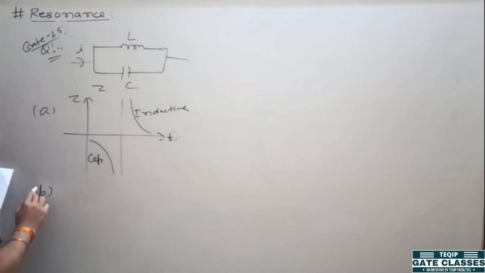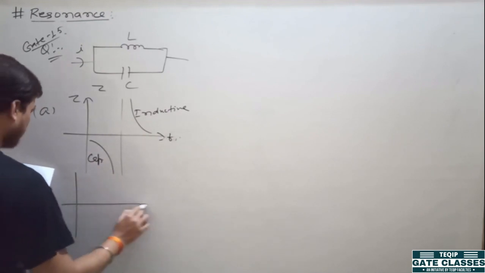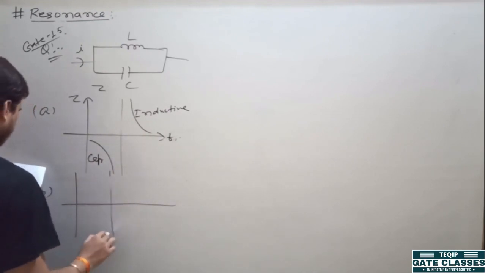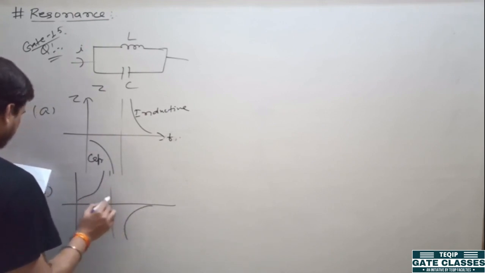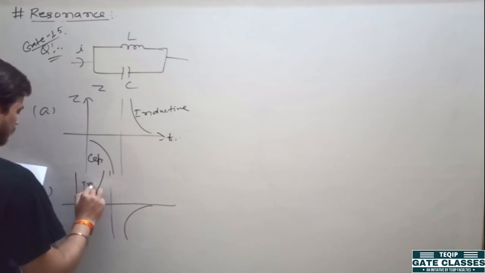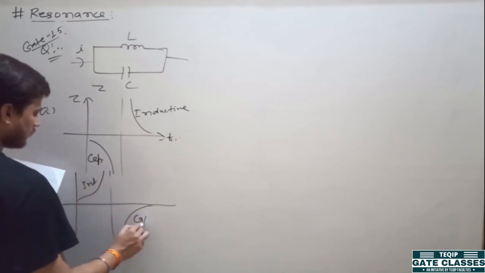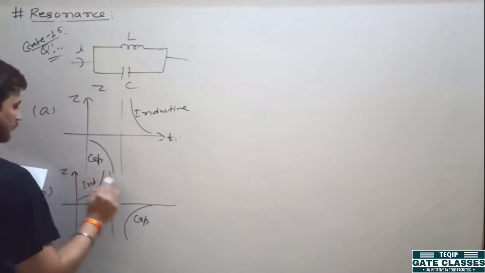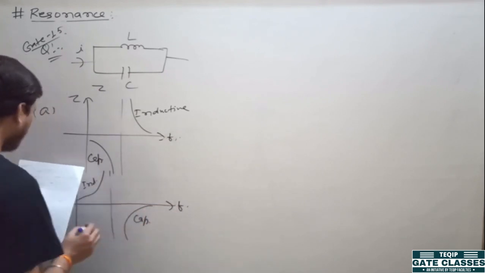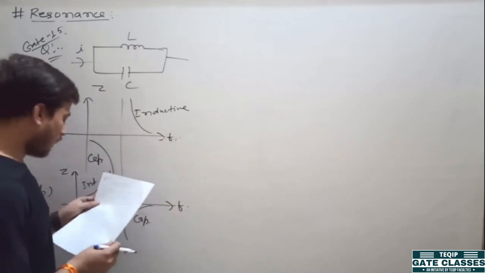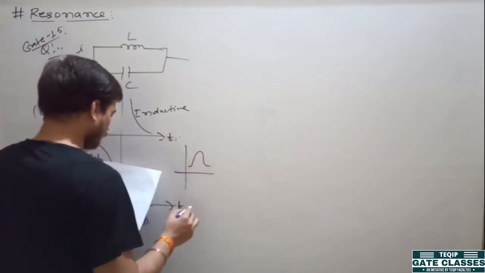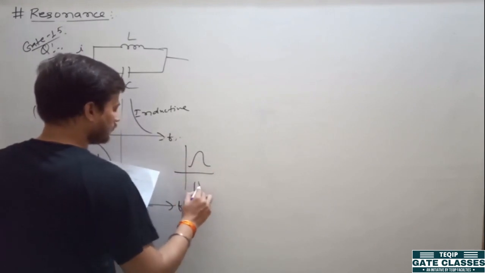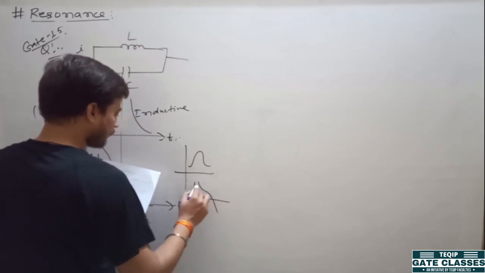Second option, this is inductive, this is capacitive. Z versus F. And two more options are given, third option like this one, fourth option like this one. Clear?